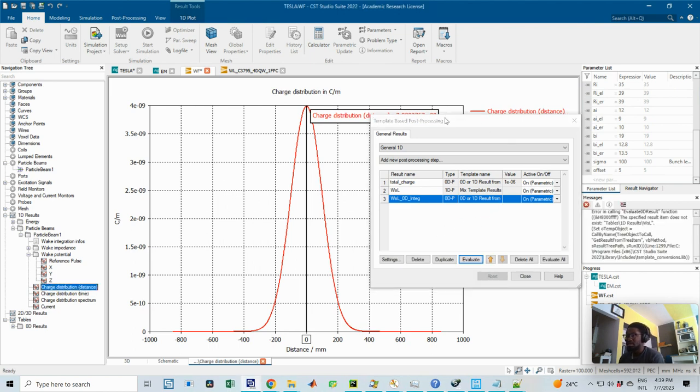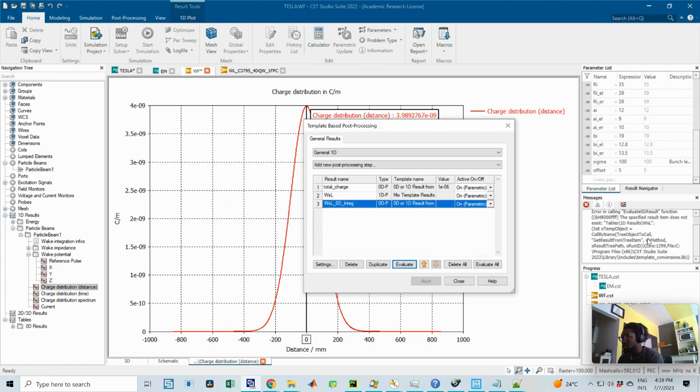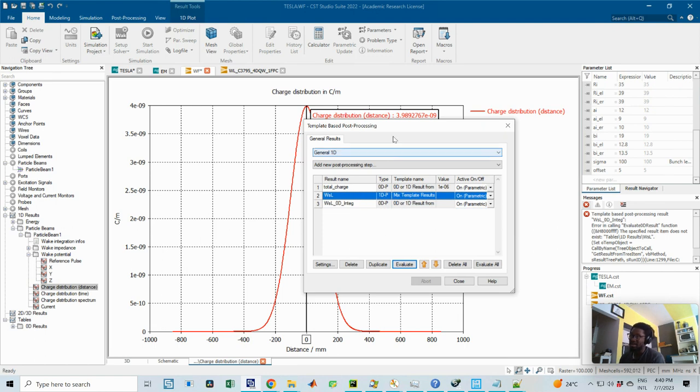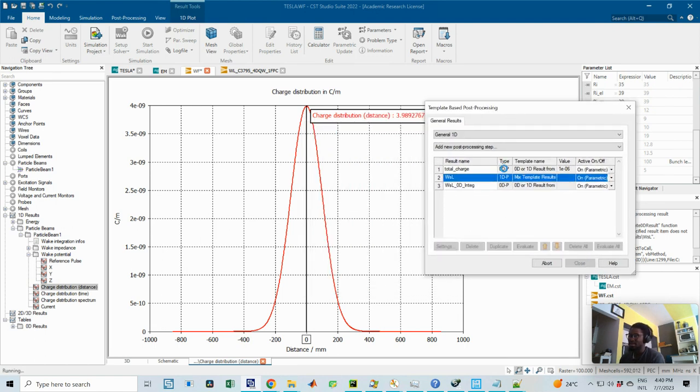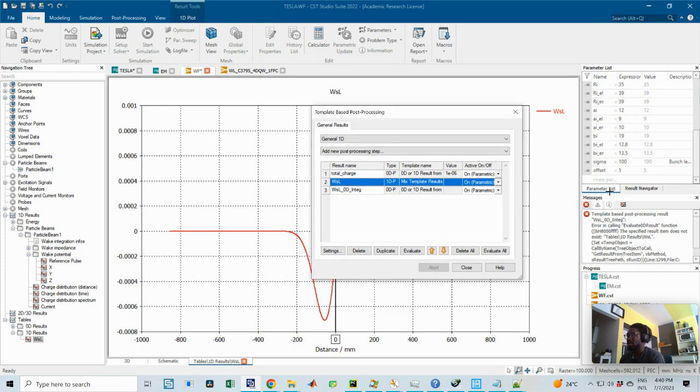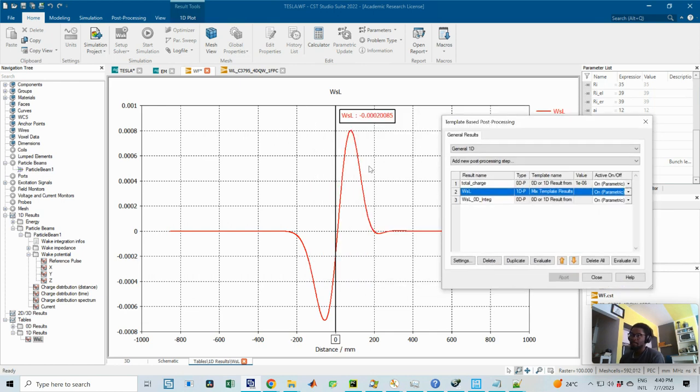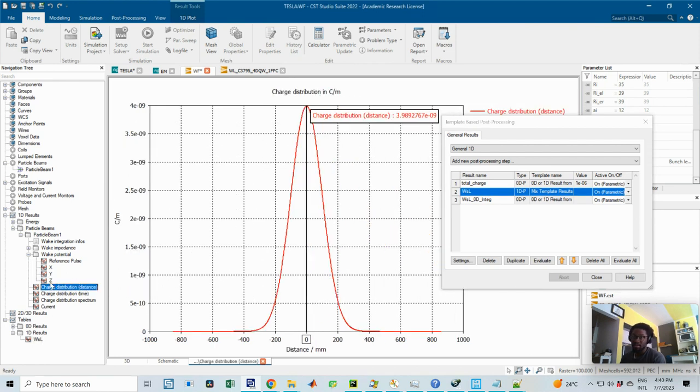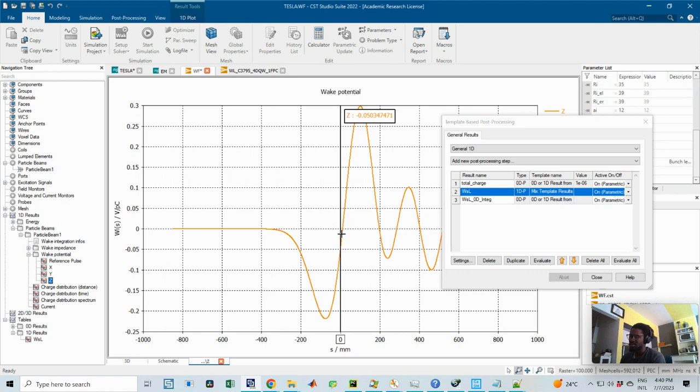Oh, something is wrong. This shouldn't have taken so much time. What's it saying? Oh, I haven't evaluated this yet. So if I evaluate this, I could clear my error also. Then I have this, which is the product of the charge distribution and the wake potential. It's not convolved, it's multiplied.